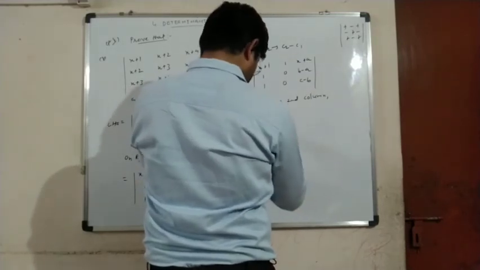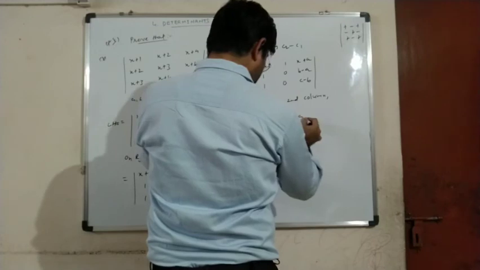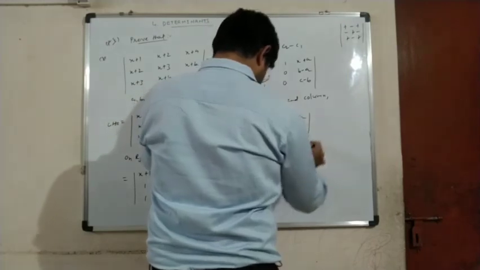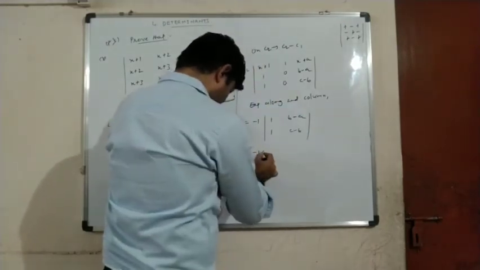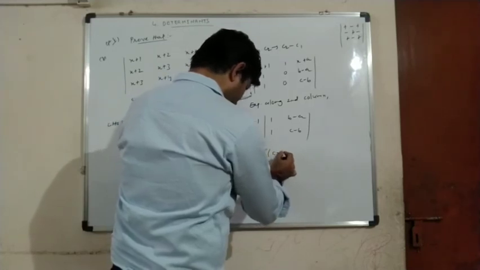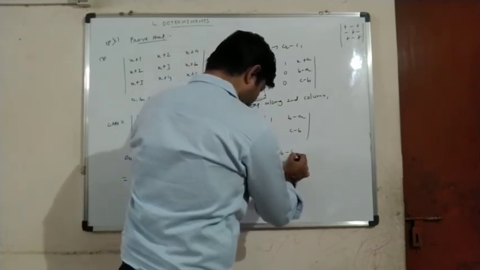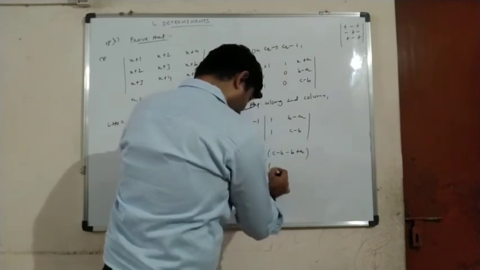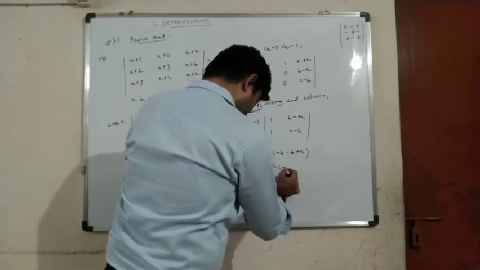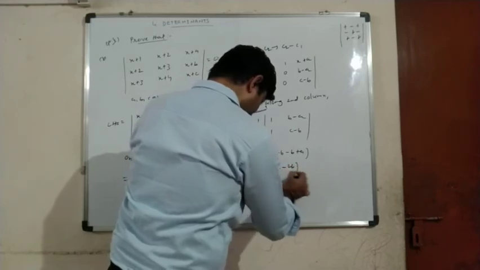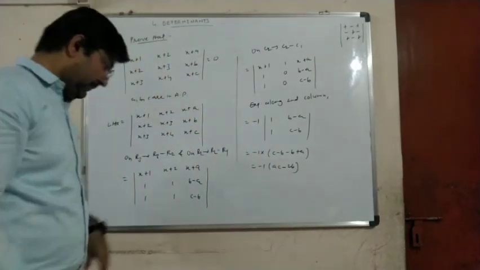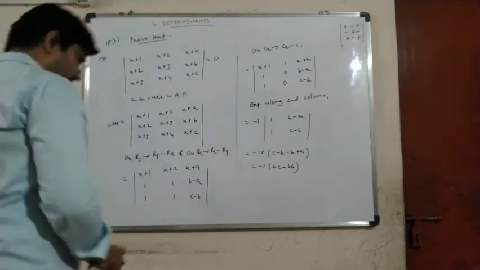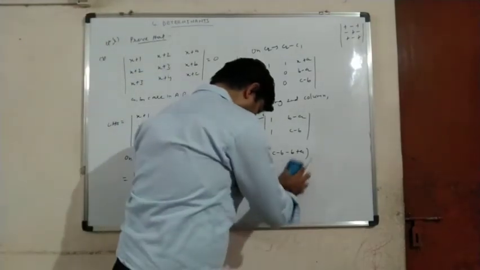We get the determinant 1, 1, b minus a and c minus b. Further simplifying, c minus b plus a. So minus 1 into a plus c minus 2b.